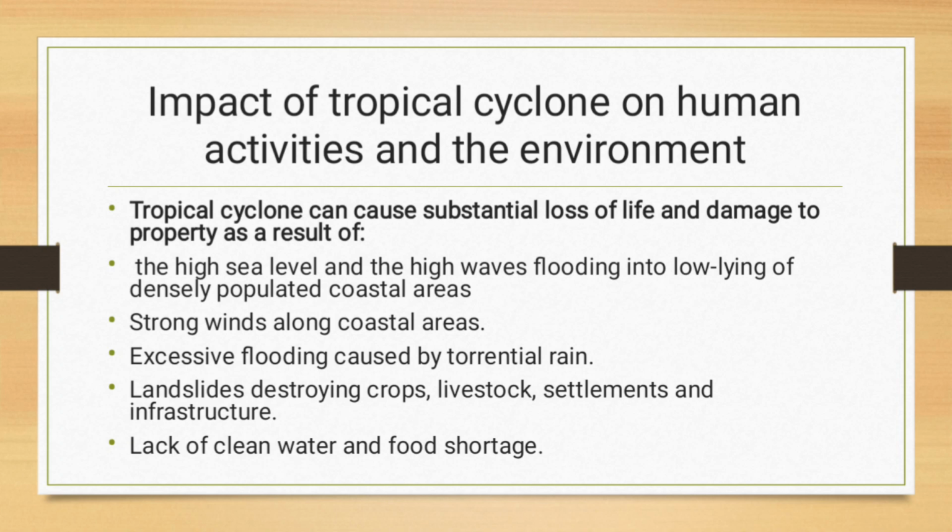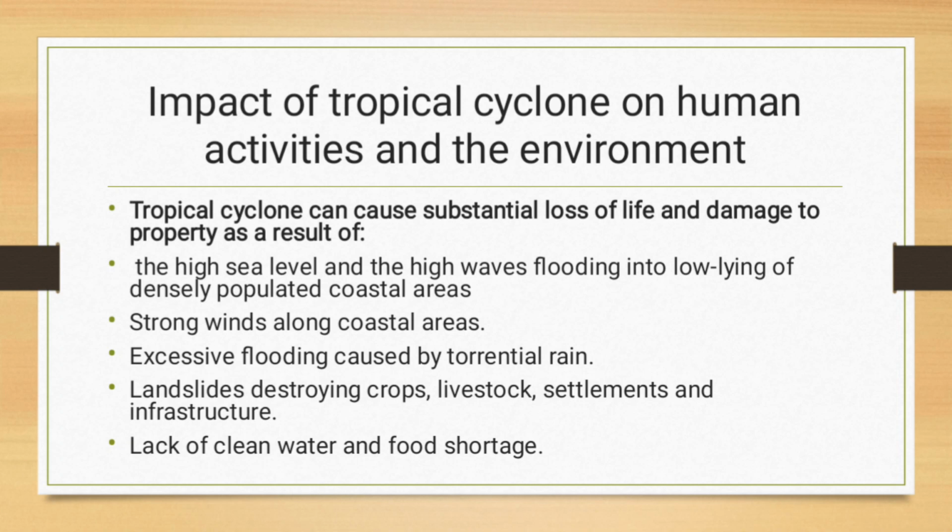There will be strong wind along the coastal area, meaning the settlements at the coastal area are going to be affected. There will be excessive flooding caused by torrential rain. And again, the coastal settlements are going to be affected by flooding because there will be heavy rainfall.